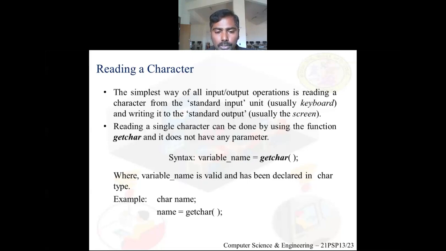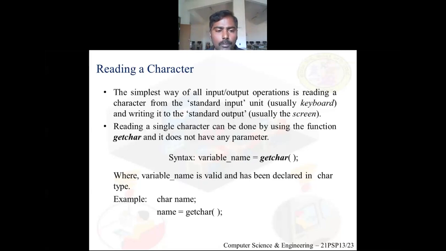After entering a single character, you need to press the enter key. So getchar waits until the user presses the enter key. Once the user presses enter, the first character given as input will be copied to the memory location identified by name.